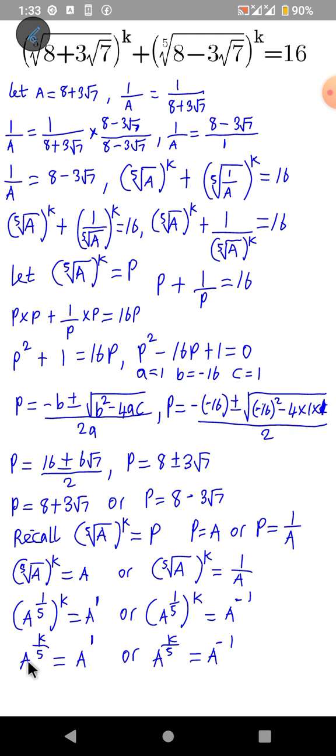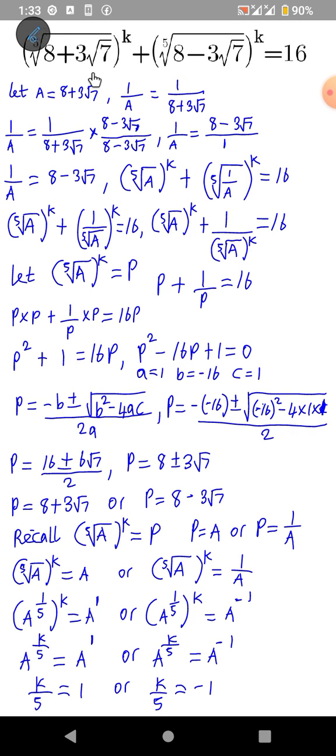Then from here now, since their bases are equal, I'm going to equate the power. So we have k all over 5 equal to 1, or base is equal again. Now we equate power here, we say k all over 5 equal to minus 1.